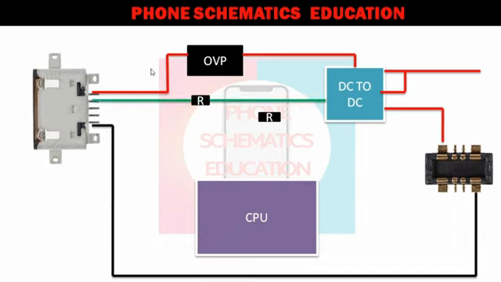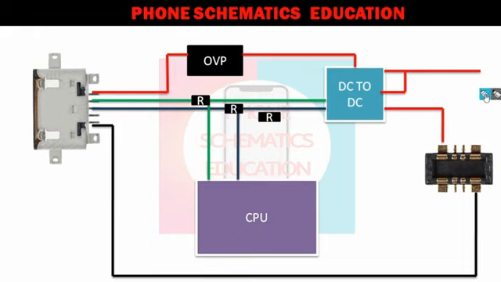Now another line is connected to the CPU after the DC to DC IC with one pull-up resistor. Another line, same, is connected to the CPU and the charging IC, DC to DC IC, with one pull-up resistor. The resistor mostly has a value of 1K, one kilo ohm. Clear?